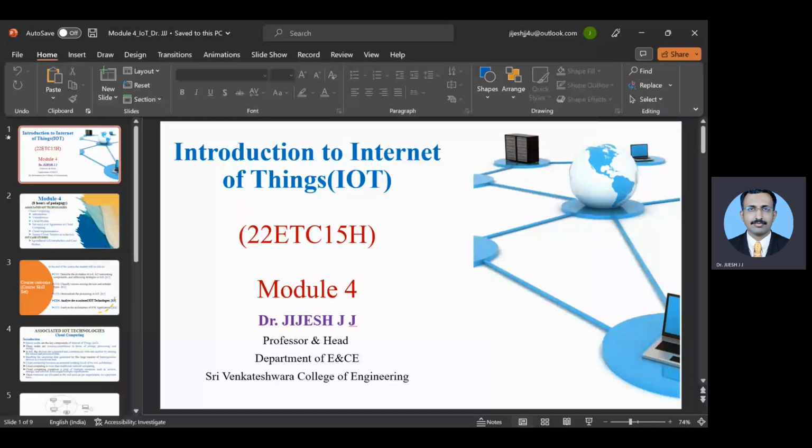So these are the topics which we are going to discuss for module 4. The main concept is cloud computing. Based on that, we will be discussing virtualization, cloud models, service level agreement in cloud computing, cloud implementation, and sensor cloud.